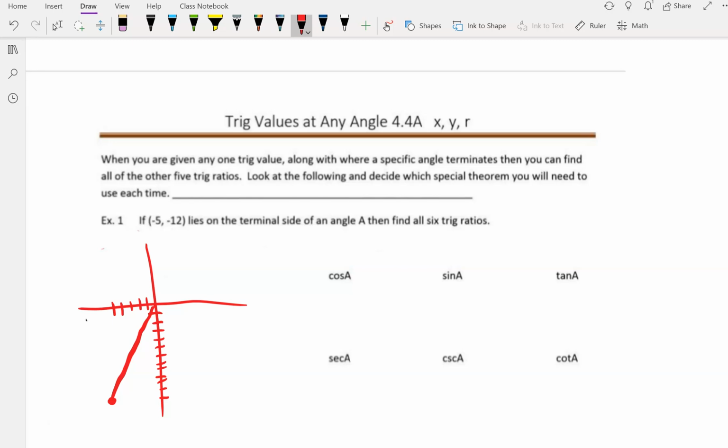All right, -5, -12. I'm going to create a right triangle using my x coordinate. So this is -5, and my y coordinate was -12. And then I need to find the other side of my triangle. In order to find the other side of the triangle, I am going to use a very famous theorem, which is Pythagorean theorem.